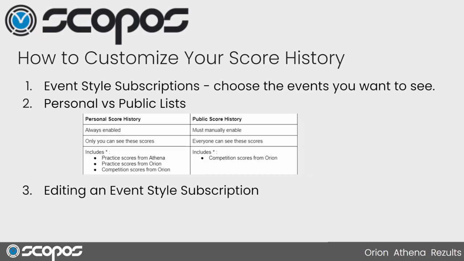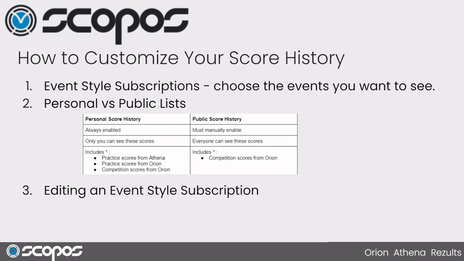And this would include competition scores from Orion. They're not going to include practices because, as we all know, you being the best at the Tuesday night practice is not the same as a sanctioned competition score. So we'll get into that in just a second. Then we'll also talk about editing an event style subscription.